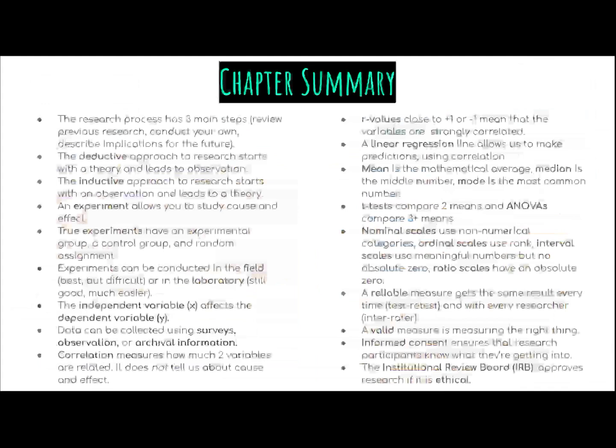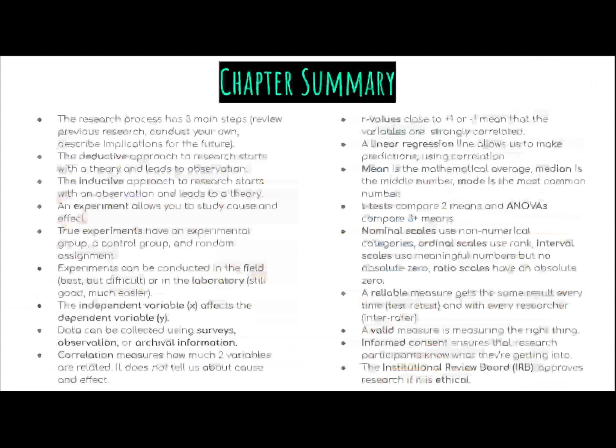An experiment is the only thing that allows you to study cause and effect. And true experiments have an experimental group, a control group, and random assignment to these groups. Experiments can be conducted in the field, which is best but difficult, or in the laboratory, which is still good and much easier and cheaper.